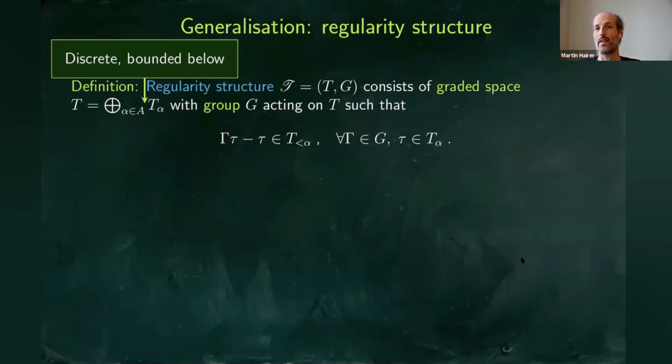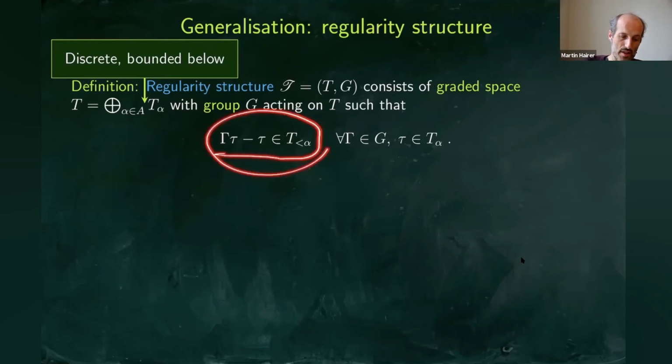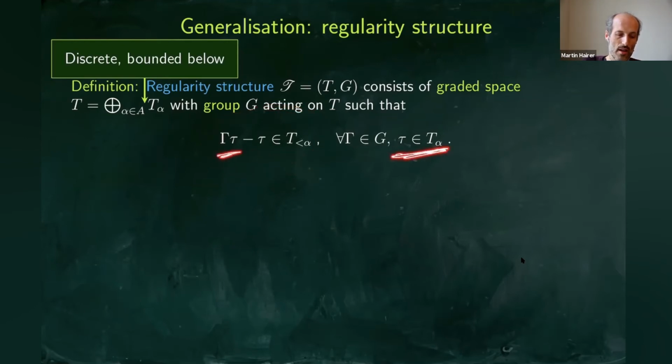I still get x to the k, minus blah, blah, blah. I have lower order terms appearing, but no higher order terms. I want to keep that structure. So it says that if I take something homogeneous of degree alpha and apply any group element to it, it gives me the same thing back plus stuff of strictly lower degree. That's just the analog of that property.